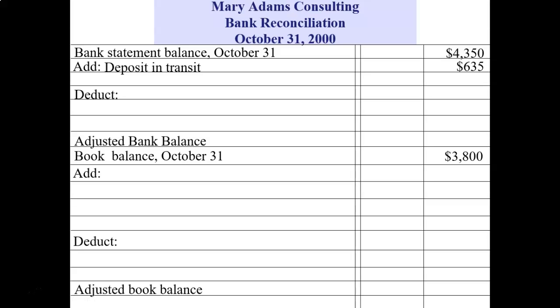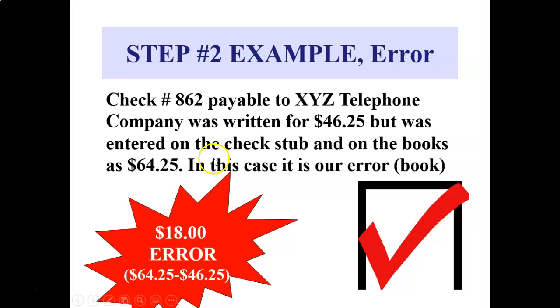So what we did in the books is we subtracted, this was a check, so it was being subtracted in the check register, $64.25. We were supposed to have subtracted $46.25.